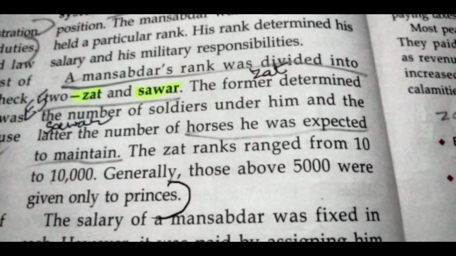The Mansabdar was the person who held a particular rank. His rank determined his salary and his military responsibilities. So the long and short question answers of lesson number 5, history, the Great Mughals, is finished.